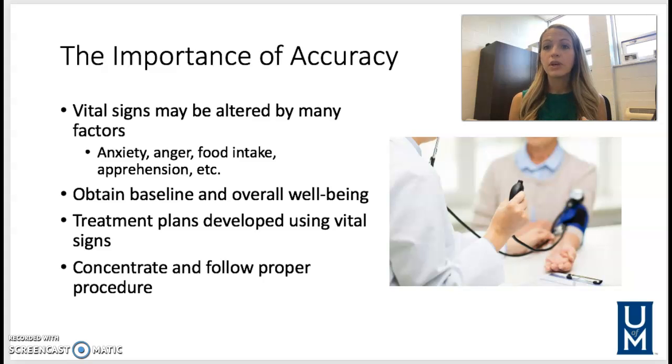For example, if we just drank a really cold drink or ate some ice and then got our temperature, it's probably not going to be accurate for our real core body temperature. So we use these vital signs, again, to create our plan of care, or the physician does. So it's really important that we get the most accurate readings and follow the proper procedure for each of our vital signs.